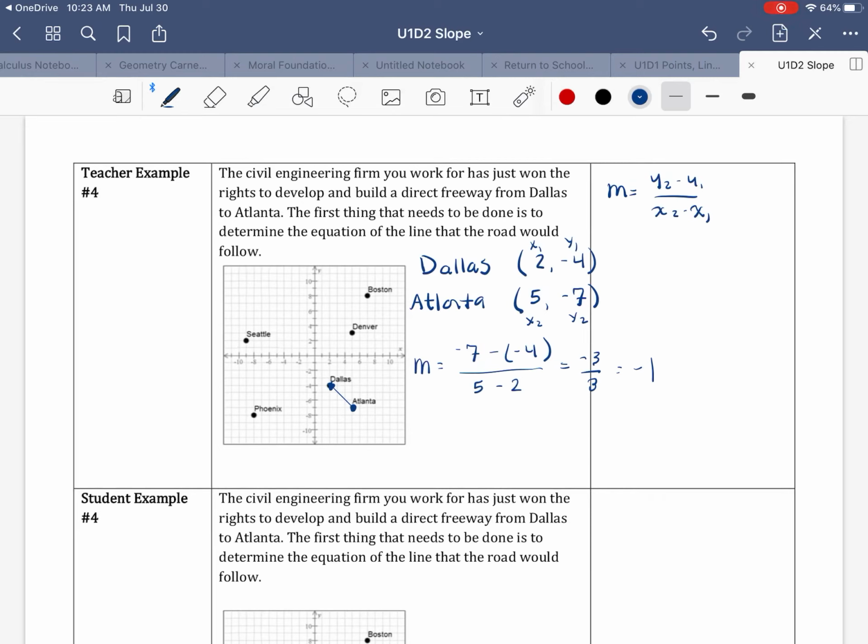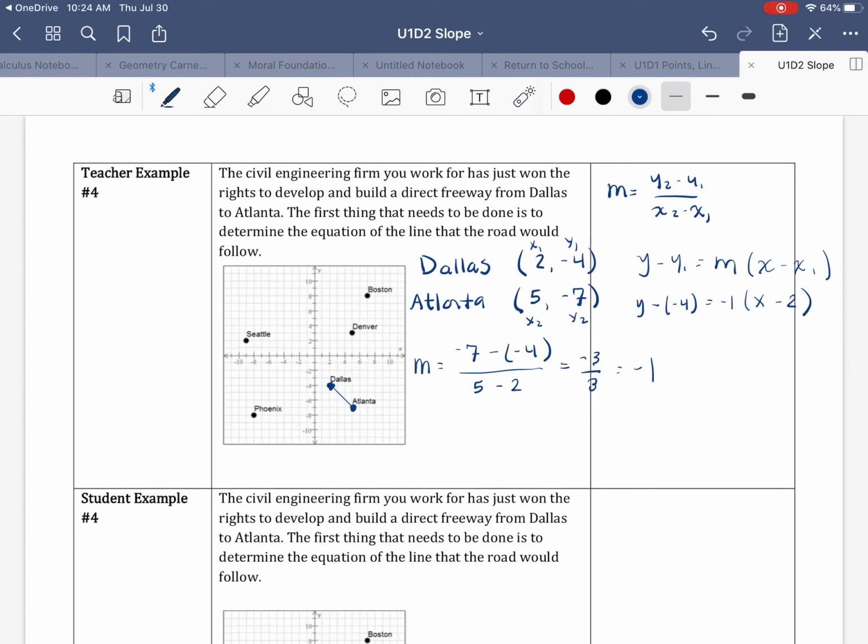Now we have a slope, and we actually have 2 different points that we can use. So we want to use our point-slope equation. Y minus y1 equals m(x minus x1). All right, so let's use the Dallas point just since they're already there. Y minus -4 equals -1(x minus 2).